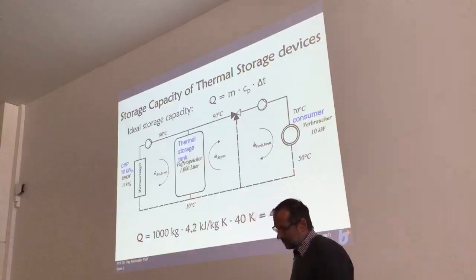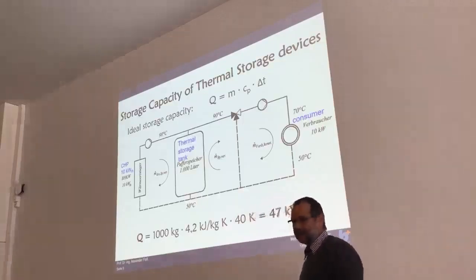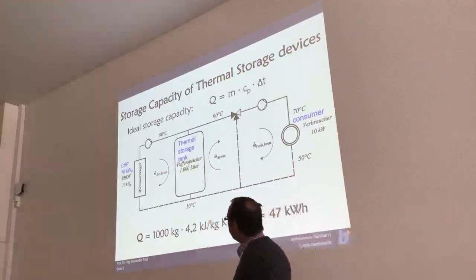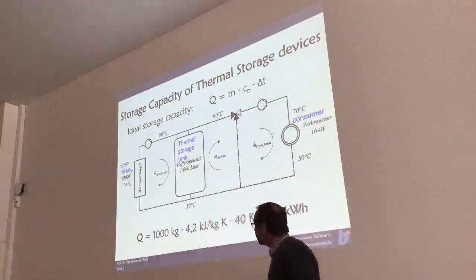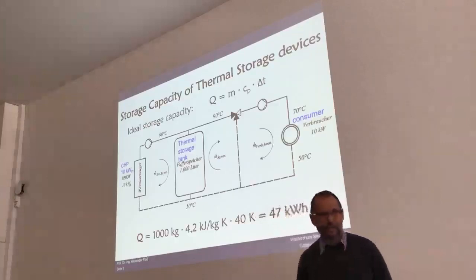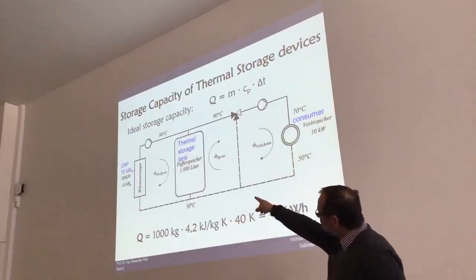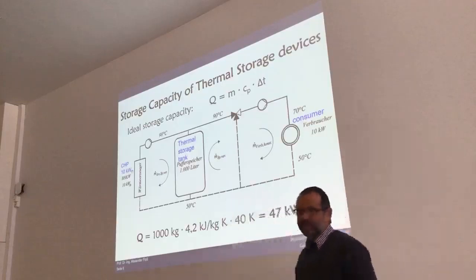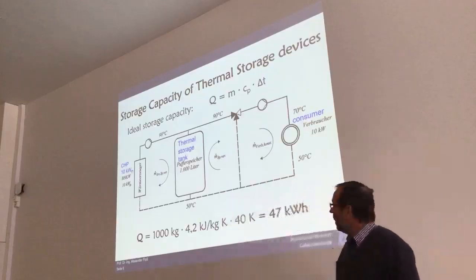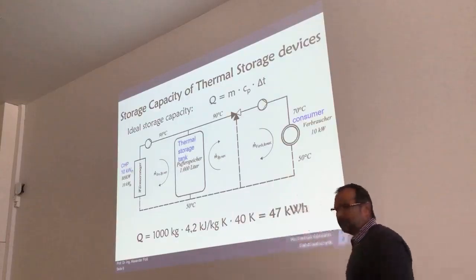In this slide, we see the hydraulic scheme of the plant. On the left-hand side, we have the CHP with a thermal power output of 10 kilowatt, and the supply temperature of the CHP is 90 degrees. On the right-hand side, we have the consumer.